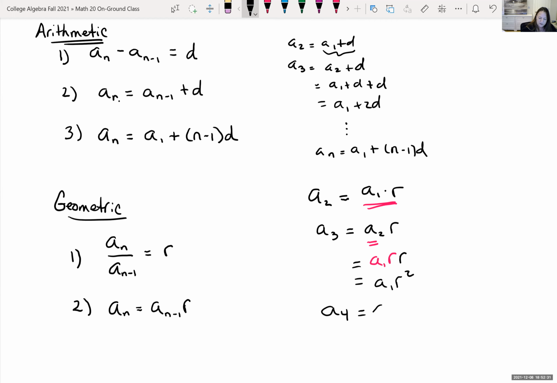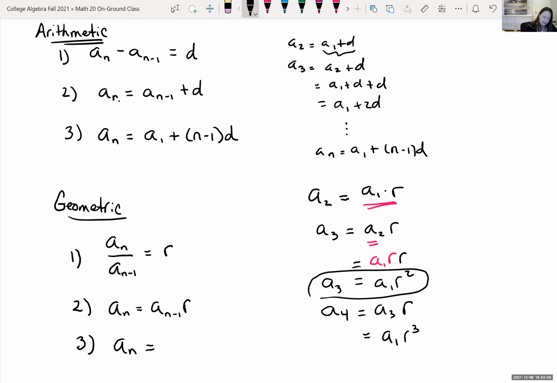A sub 4 would be a sub 3 times r, but a sub 3 is a sub 1 times r squared. So we'd have a sub 1 times r squared times r, which is r cubed. And so it ends up that the nth term of the sequence is equal to the first term of the sequence times r raised to the n minus 1 power.